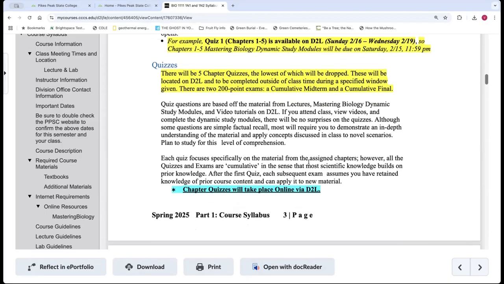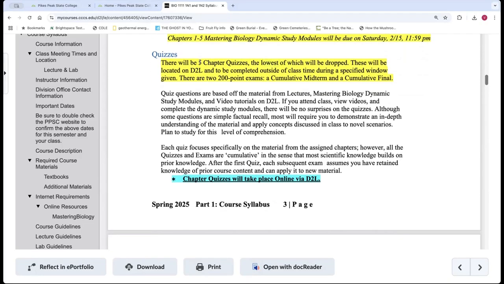So let's talk about those quizzes. There will be 5 chapter quizzes, and the lowest will be dropped. You will find all of those in the D2L quizzes tab. There will be 2 exams of 200 points each, the cumulative midterm exam and a cumulative final exam, totaling 400 points.